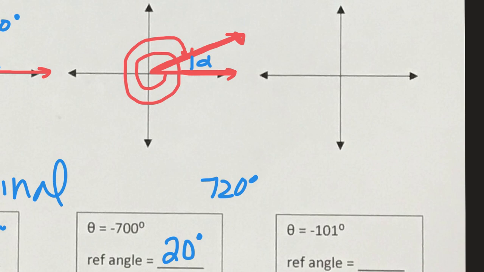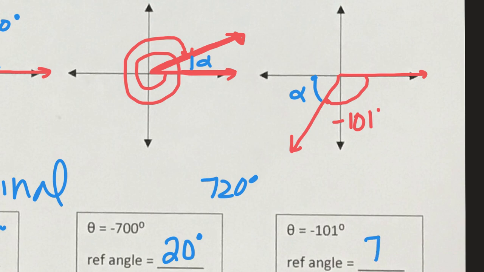And lastly, negative 101 degrees. Once again, we have negative 90, so it's going to be down here in the 3rd quadrant. Negative 101. So we would have to add 79 degrees in order to get to 180.